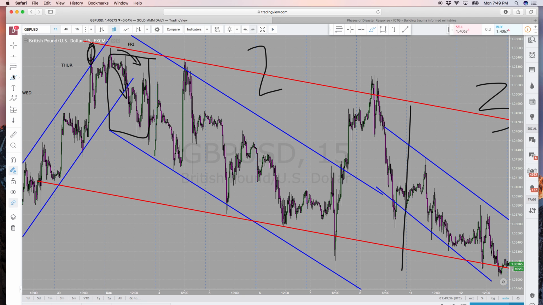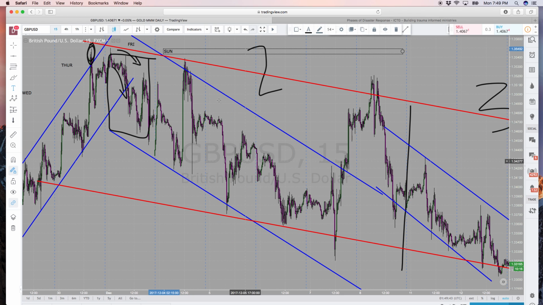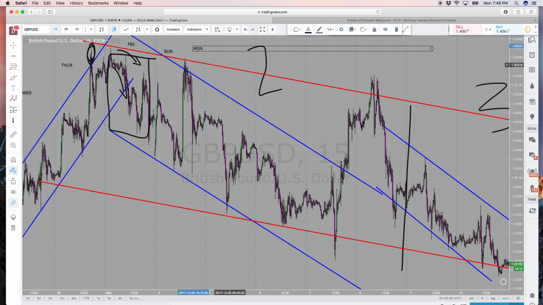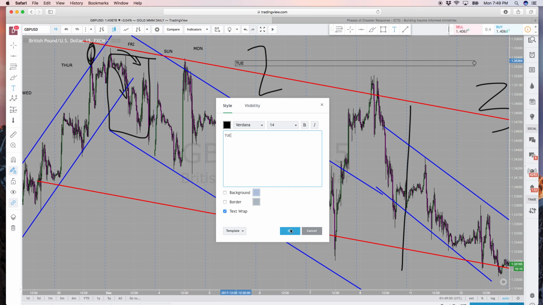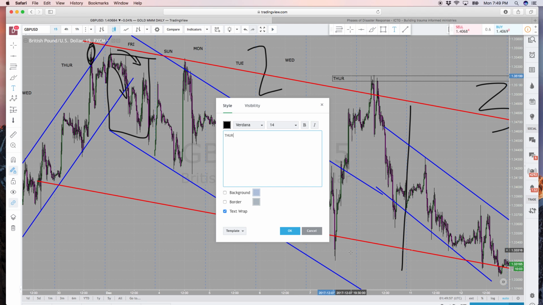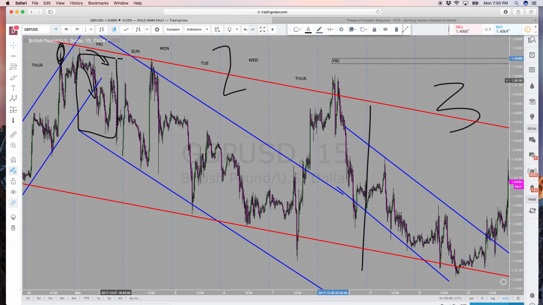So, come Friday, what comes after Friday? We have Sunday, Monday, Tuesday, Wednesday, Thursday, and Friday. Now, pay very close attention to this structure.